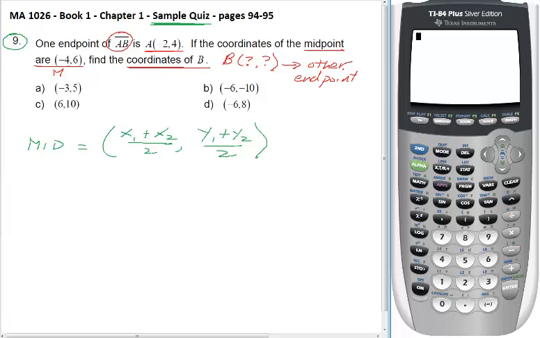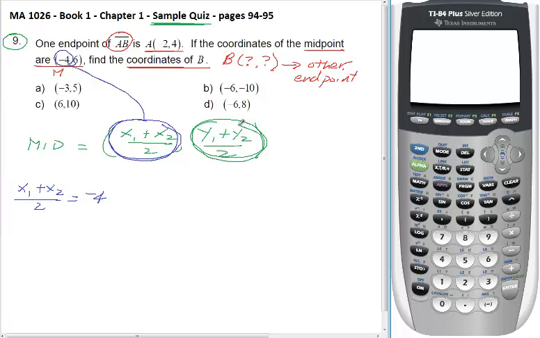We know the x coordinate of the midpoint is -4, so (x1 + x2)/2 is -4. By the same logic, (y1 + y2)/2 is equal to 6.